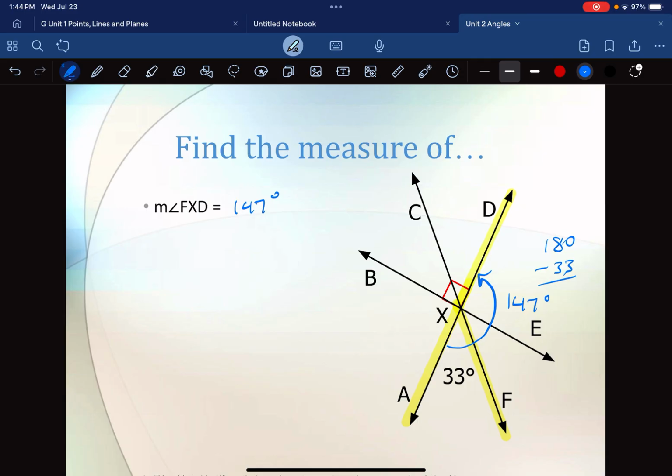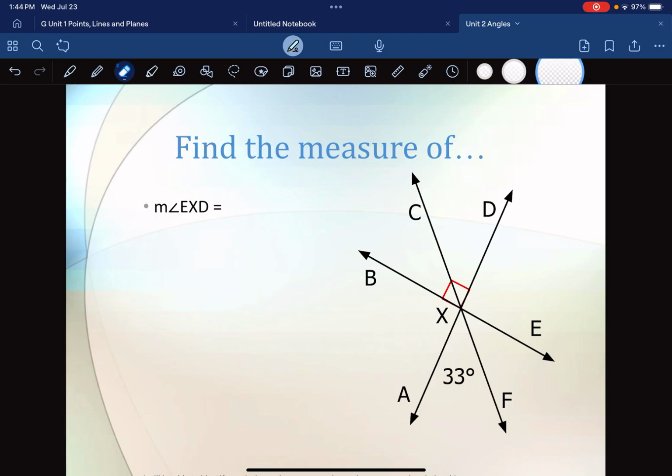Okay. EXD. Well, if we mark EXD, we can either extend EX through to B or DX through to A. And I think EX through to B is the best thing to do because now you have a linear pair here.